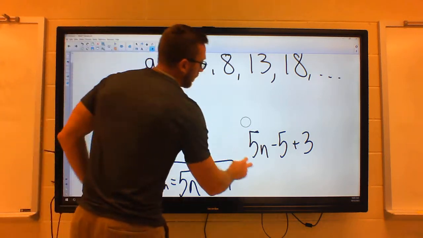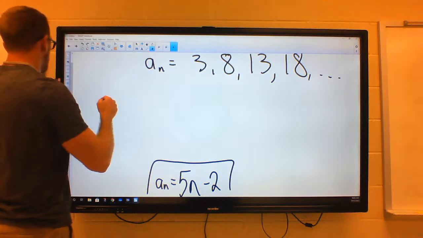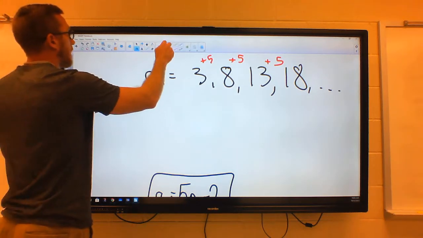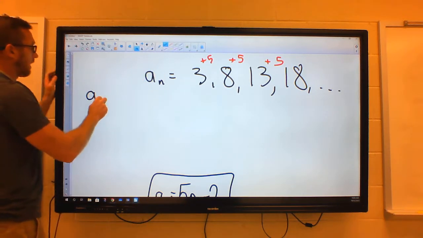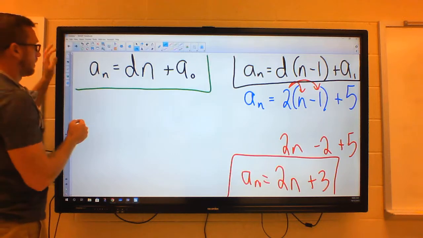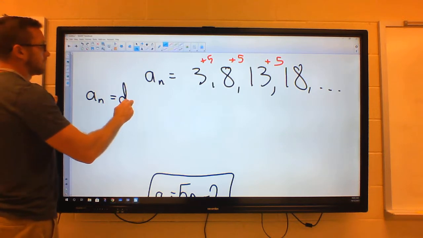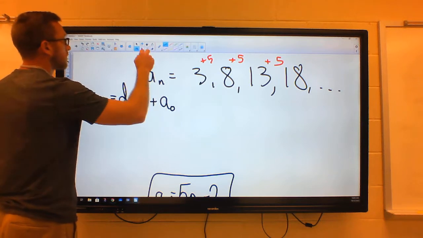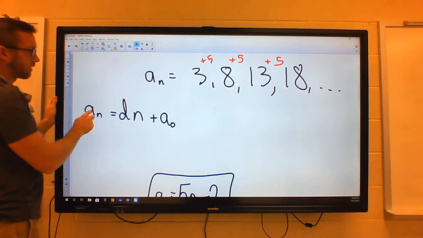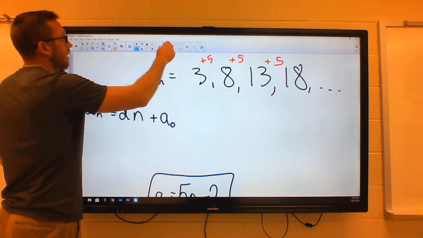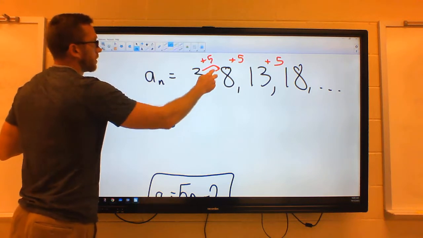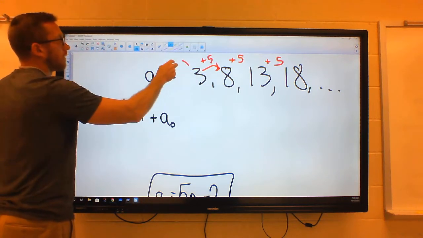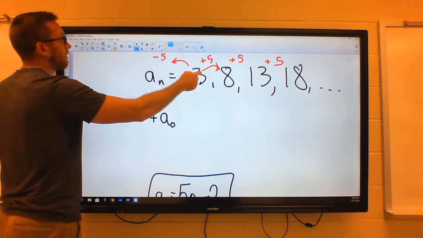I'm going to show you the second way you could have solved this. Remember, the other formula I gave you, an equals d times n plus a0, the 0th term, the imaginary 0th term that doesn't actually exist. Well, if I'm going in this direction, you're adding 5. If we go in this direction, we would subtract 5.